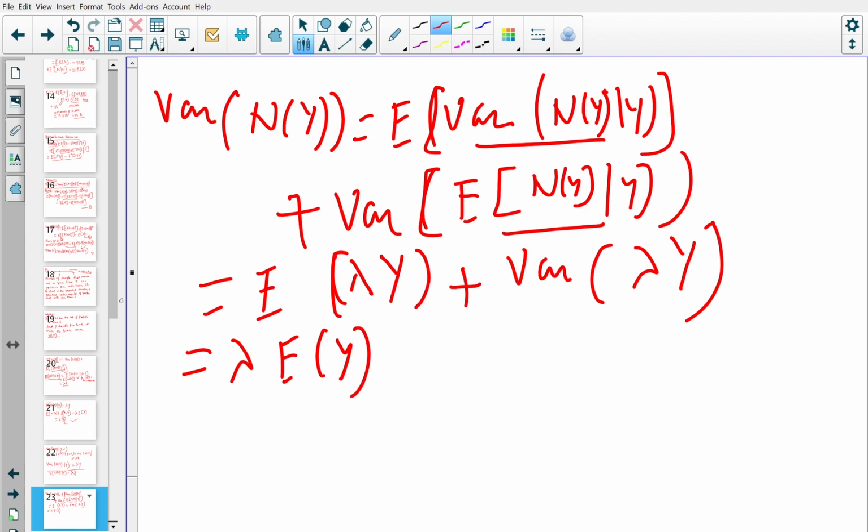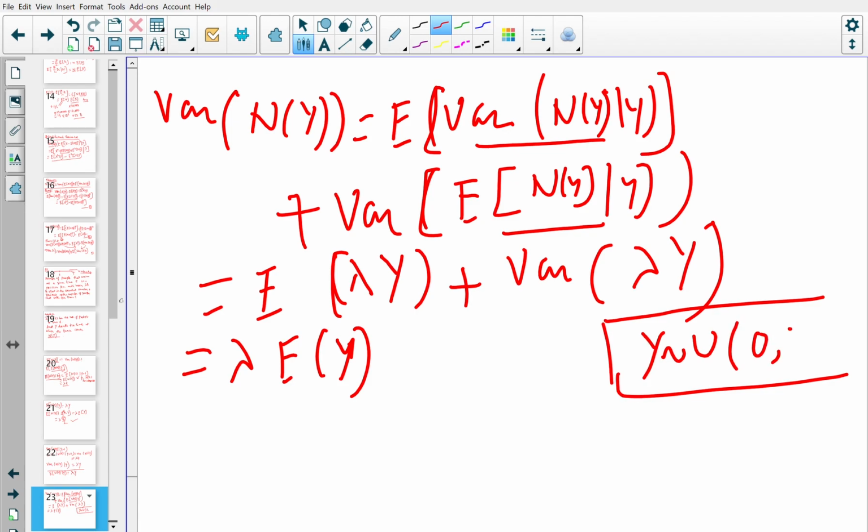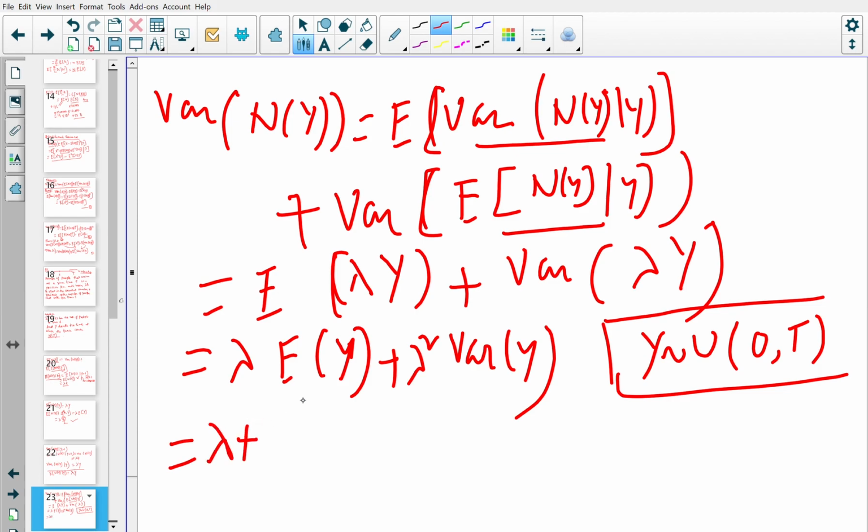So this is nothing but lambda times expectation of Y, plus lambda square times variance of Y. Now remember, Y is uniformly distributed in 0 to capital T. Expectation of Y, you just recall from our previous classes, is T by 2.